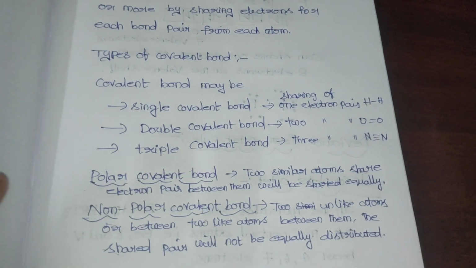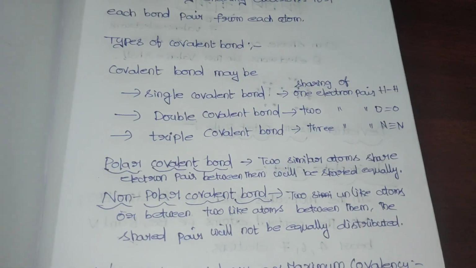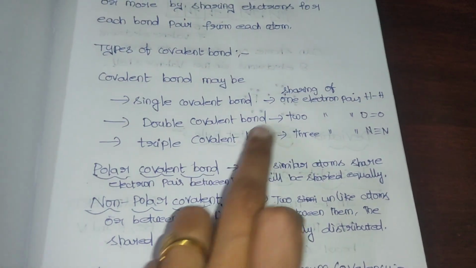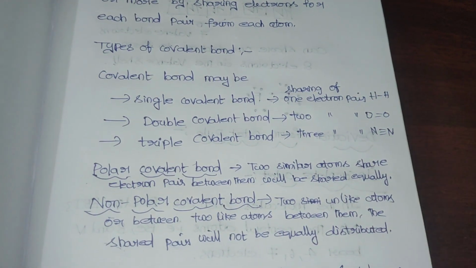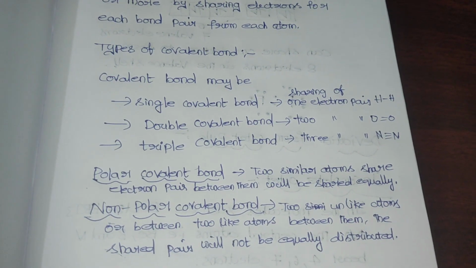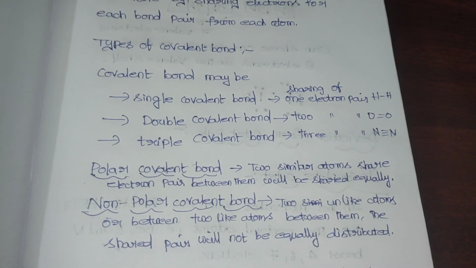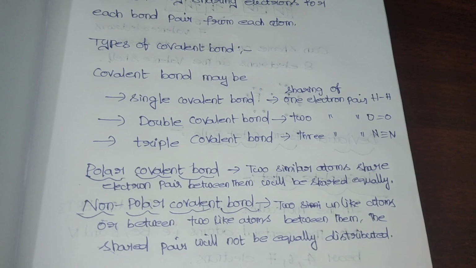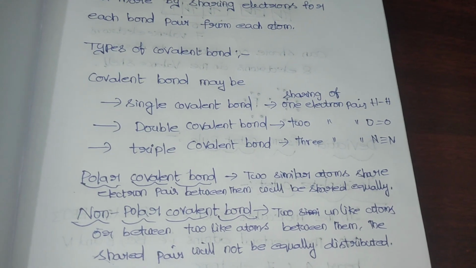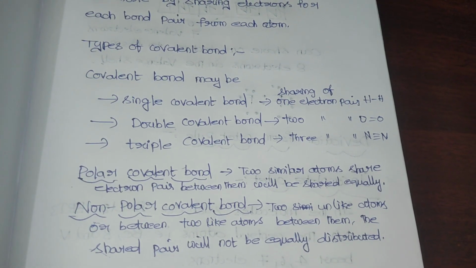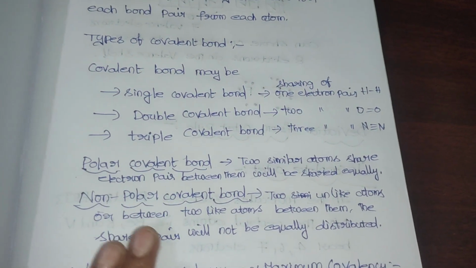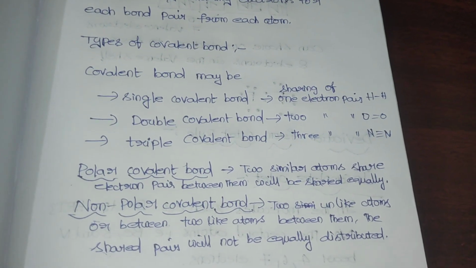Then again, there are two types of bond, polar covalent bond and non-polar covalent bond. In the non-polar covalent bond, two similar atoms share the electron pairs between them equally. So there will be equal sharing of electrons between two similar atoms. It is called non-polar covalent bond.